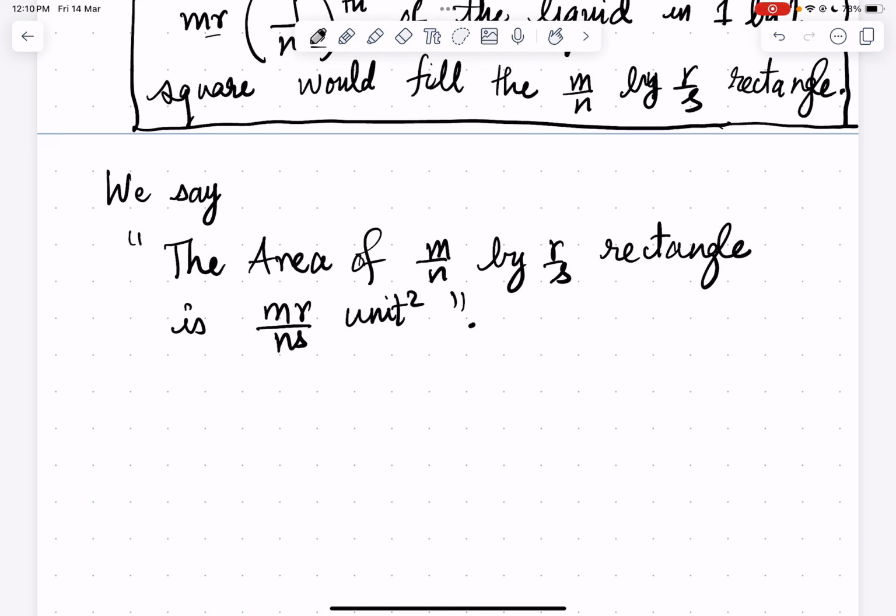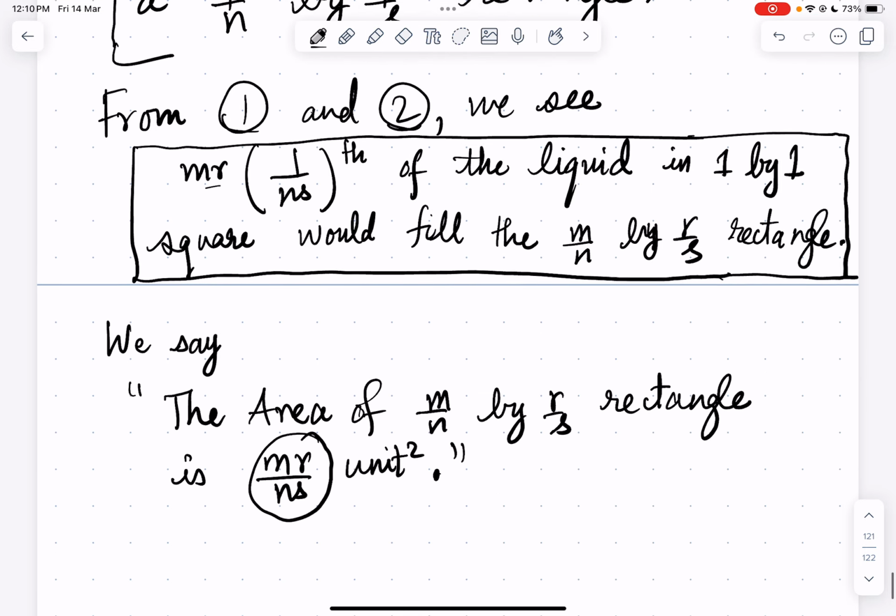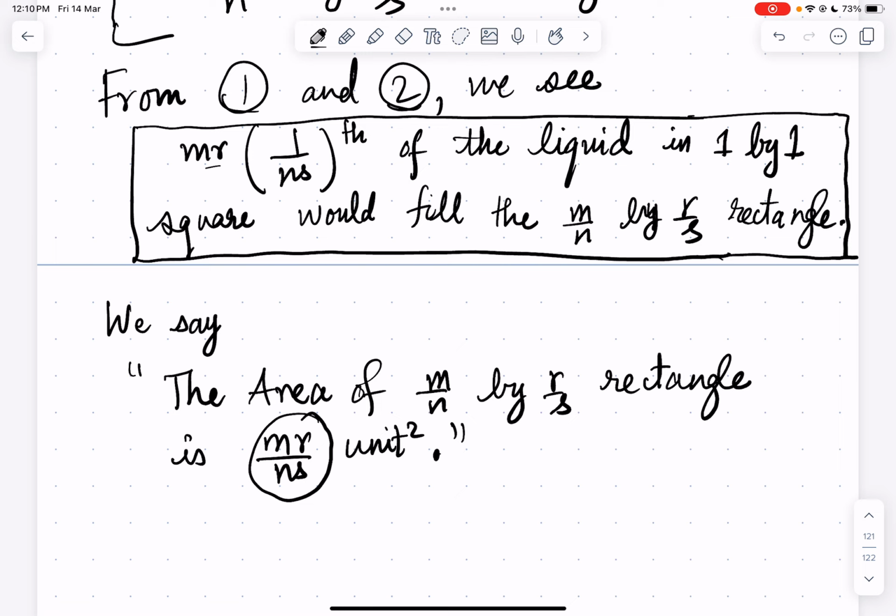The area of the m by n by r by s rectangle is mr by ns unit square. We take mr by ns fraction of the 1 by 1 liquid to get the amount of liquid in the m by n by r by s rectangle. So we say this statement as the area of the m by n by r by s rectangle is mr by ns unit square.